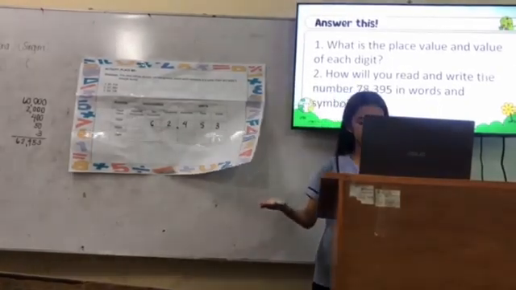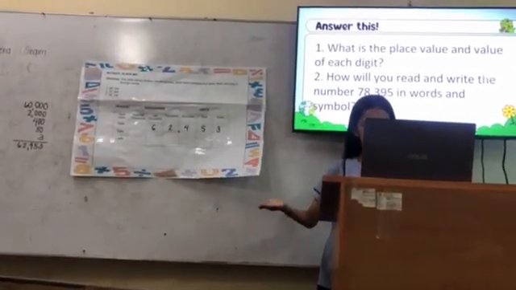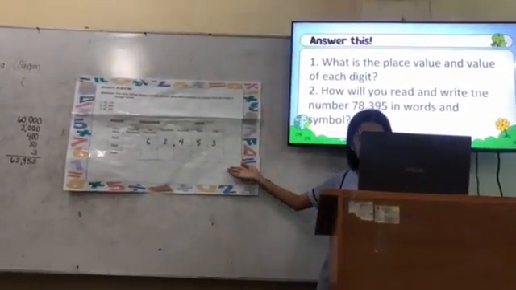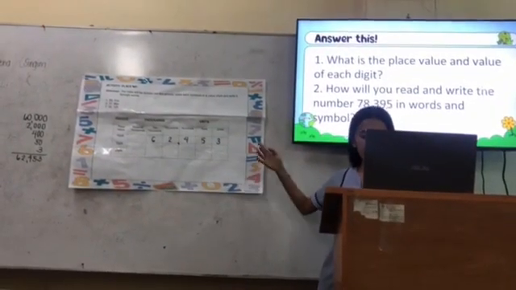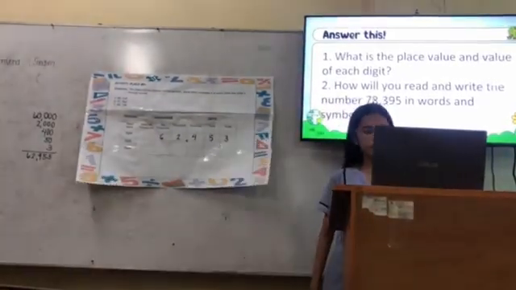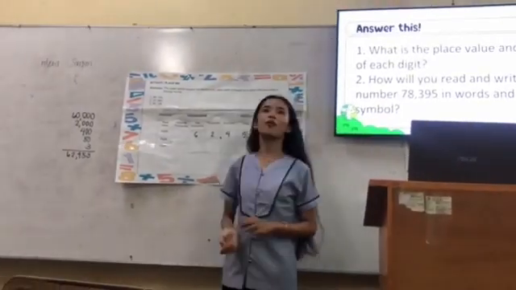Another. Okay, from the left, read the number formed by the digits in the thousands period, followed by the name of the period. Alright. It seems that you really understand our lesson for today.